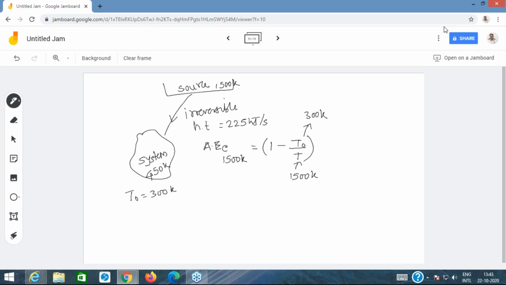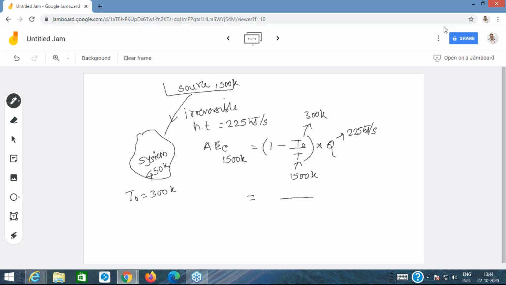This Carnot engine is given the heat, 225 kilojoules per second. Okay, so this will give you the available energy of the source.